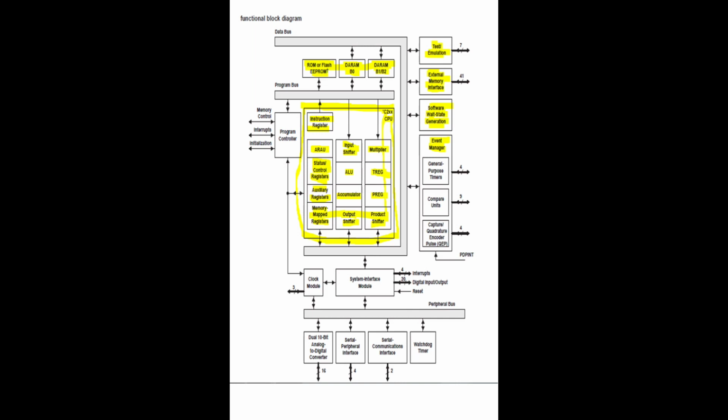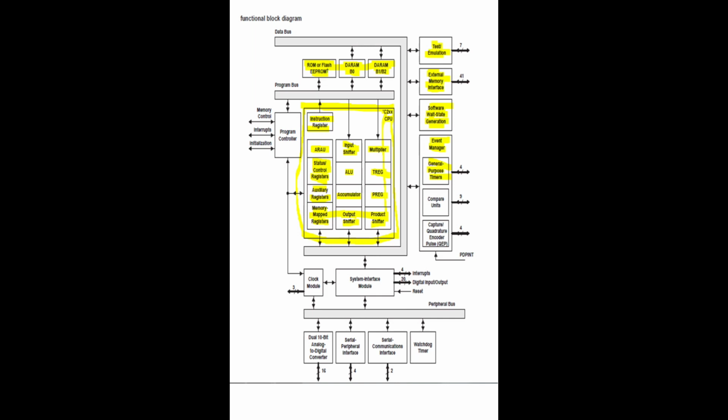For digital motor control, we need to generate PWM. For generation of PWM, we require timers, general purpose timers. So your event manager consists of 4 timers, timer 1, timer 2, timer 3 and timer 4. So 4 timers are there.